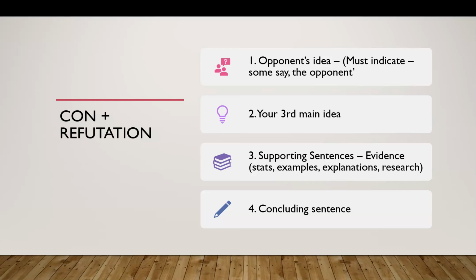Supporting sentences take the form of evidence like statistics, examples, explanations, and research. After you have stated your supporting sentences, now you have to state a concluding sentence. The concluding sentence is to reaffirm your stand and to restate your third main idea.